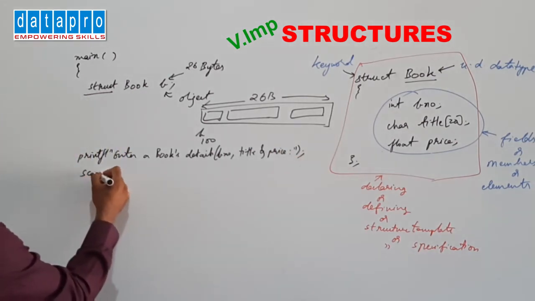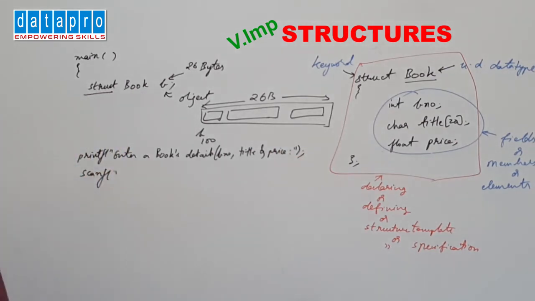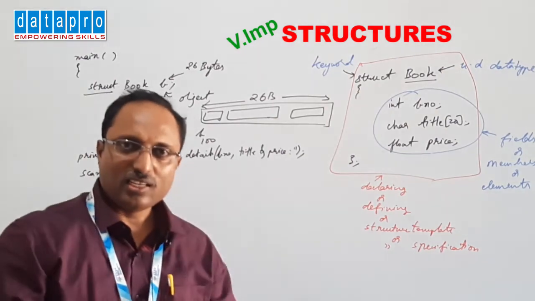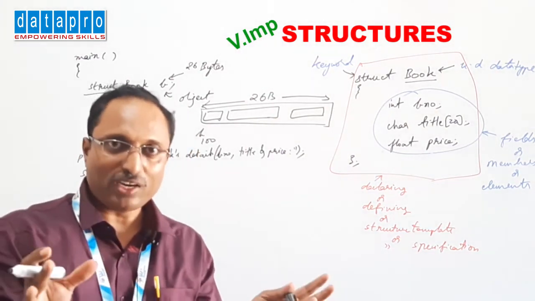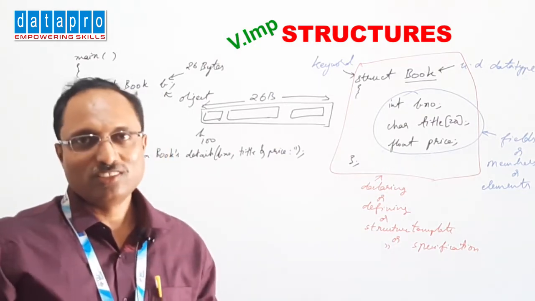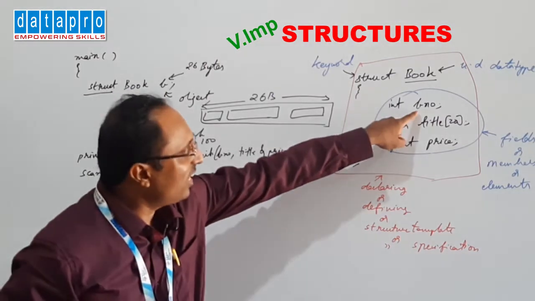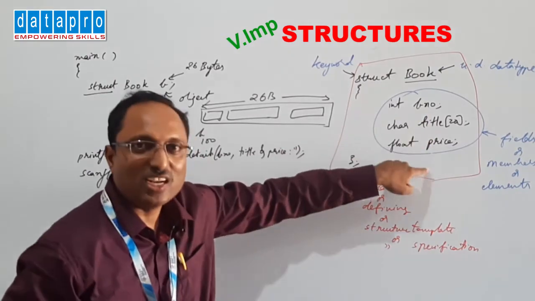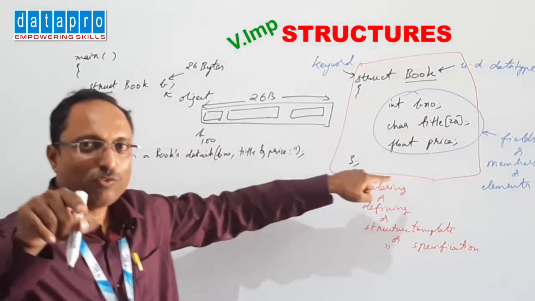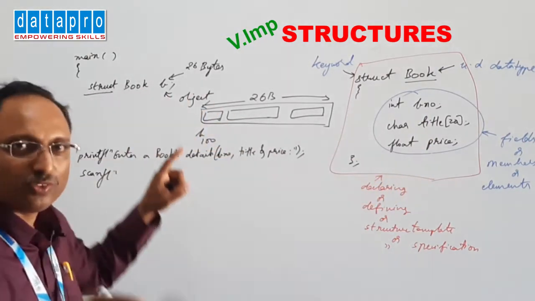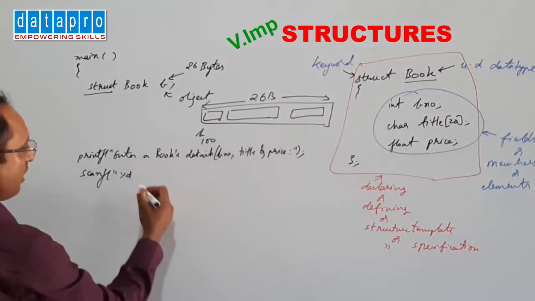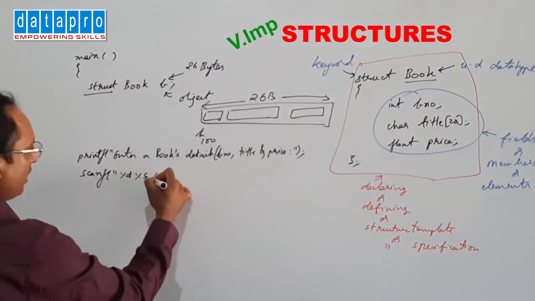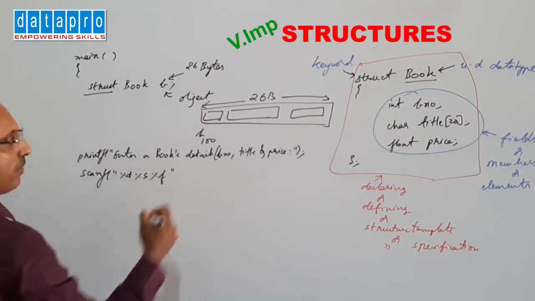Then you use scanf. So for integer percentage d, string percentage s, so on. But for book, is there any predefined format specifier? No. Again, we have to mention for individual fields. There is no ready-made format specifier for book type of data. So percentage d for book number, percentage s for title, percentage f for price.